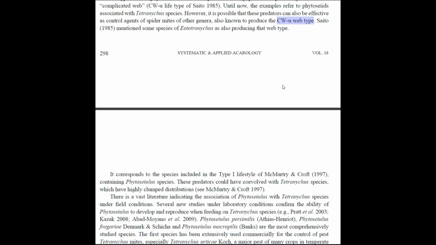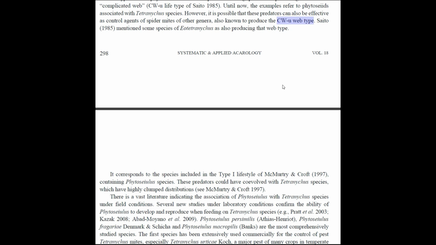Some are orb weavers. Some use their silk to make dens. Some use their silk to hunt. Some don't use their silk except for weaving their egg sacs. Everything is different. In this case, spider mites have different kinds of webs depending on their species or their family. And in this case, these subtypes are good against the Tetranychus urticae kind of CW type web morphology.